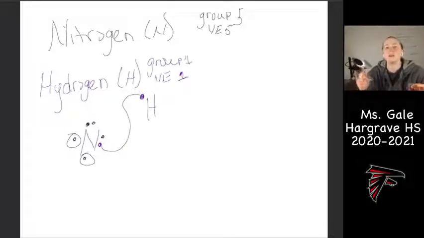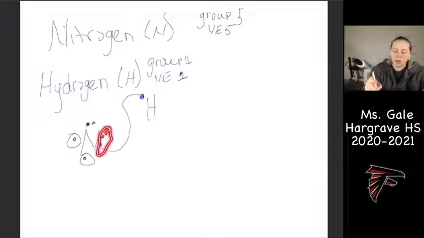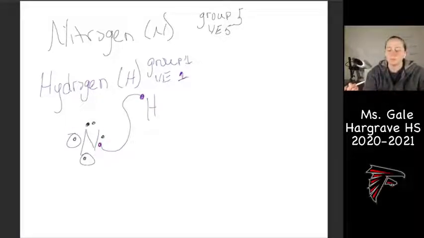We're going to learn after the test how we can manipulate these electrons to go from single bonds, which would be this right here, that's one single bond, to how we can create a double bond, having 4 electrons on one side.